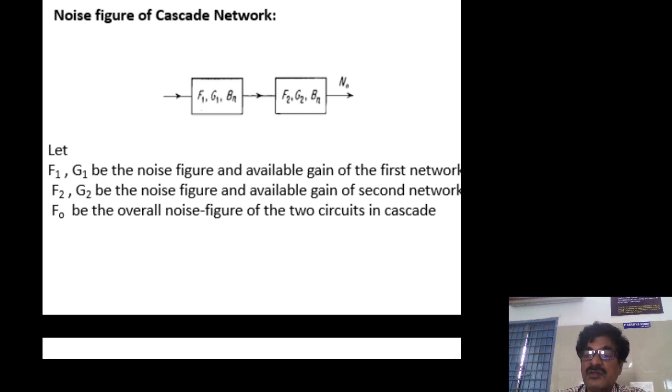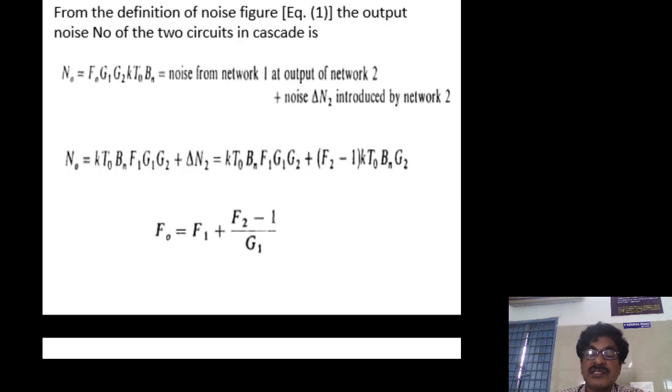Now from the previous analysis, the available output noise power we can express in terms of noise figure as F naught G1 G2 kT naught Bn.